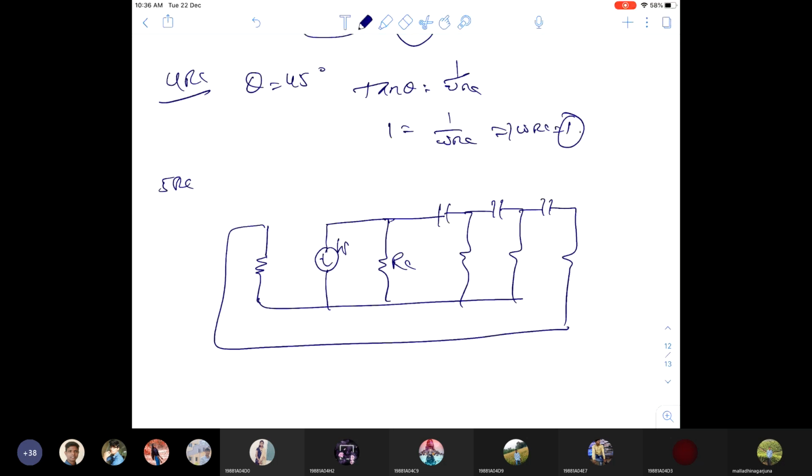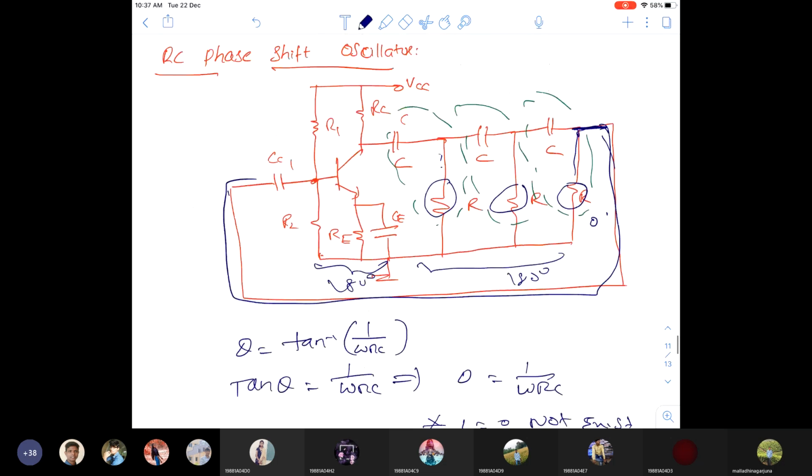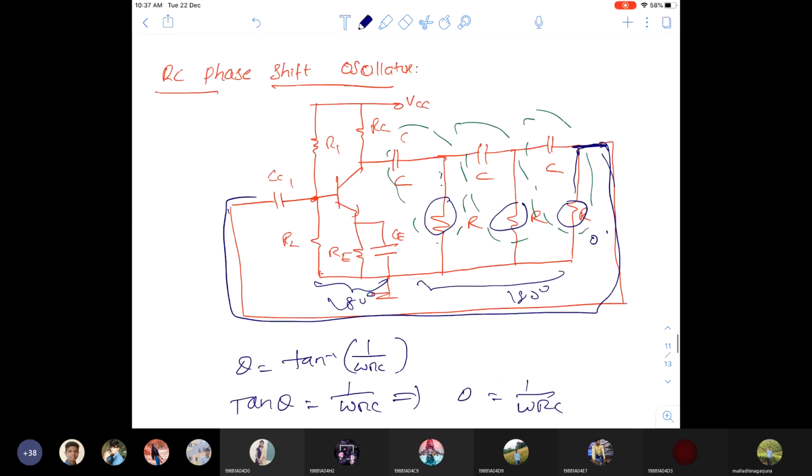This is RC, HFE IB, HIE, IB current, R3, where R is equal to R2 plus HIE.